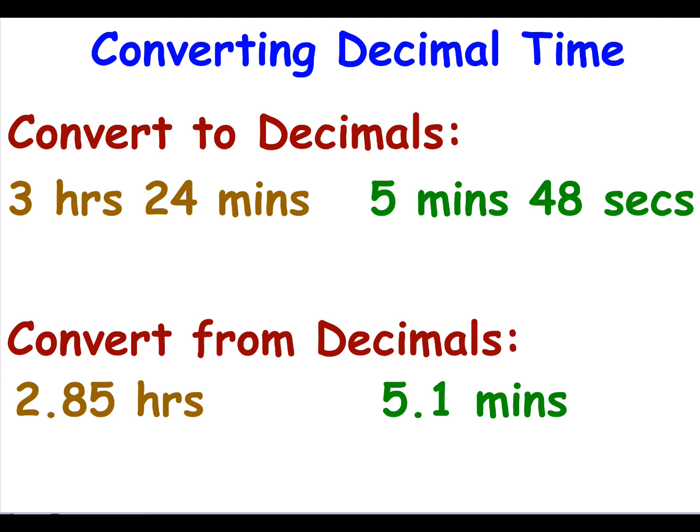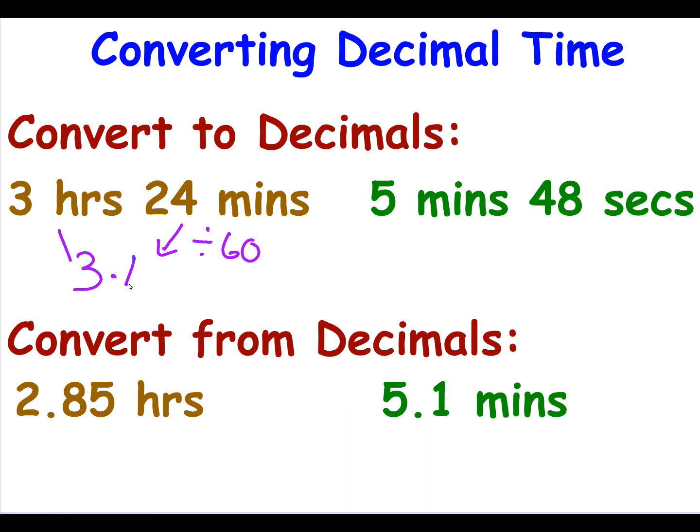So let's look at how we go in and out of decimal time. So if I have 3 hours and 24 minutes, the 3 hours is still 3. So the whole number doesn't change. Now, if you've got 24 minutes and you want to convert it into a decimal, so you're going from your small unit into your bigger unit, you need to divide it by 60.